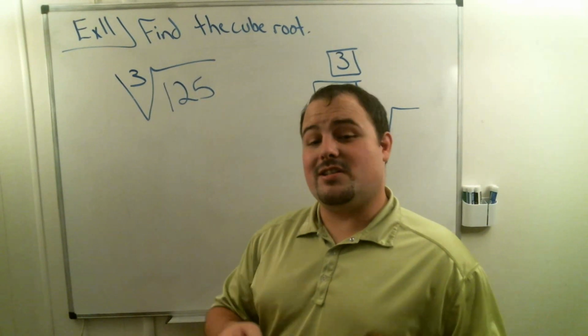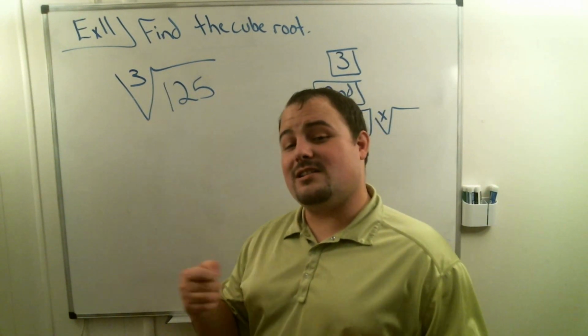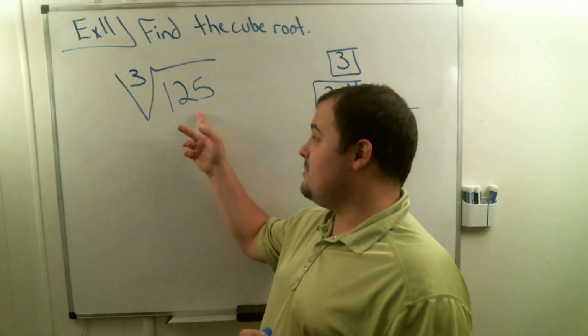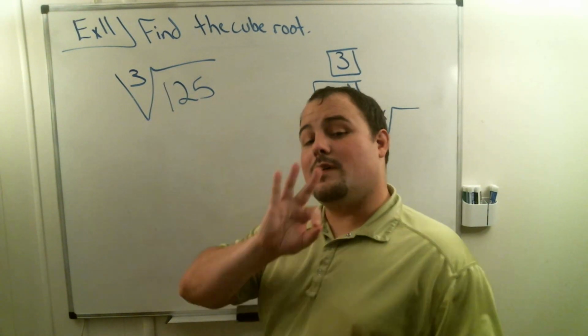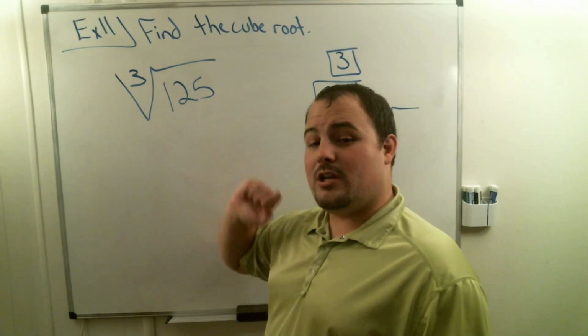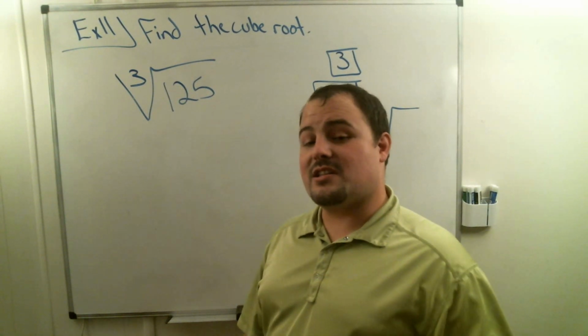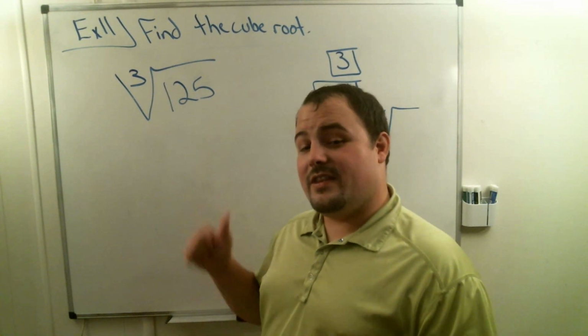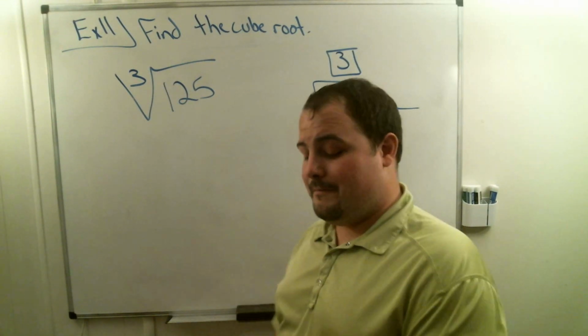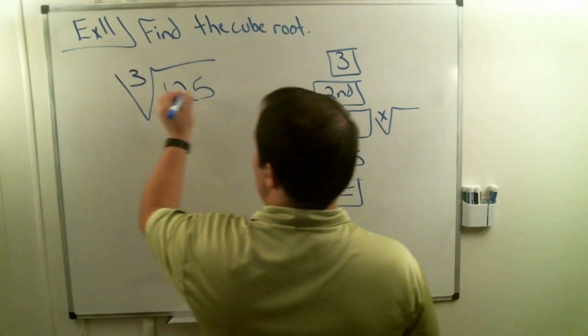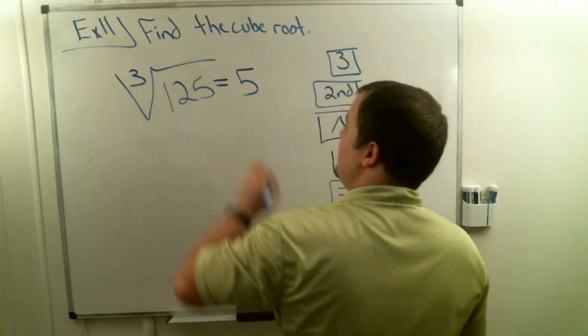What that root tells us is how many of the exact same numbers we want to multiply together to make the number that's in here. So we want 3 of the exact same numbers that multiply together to make 125. If you remember the list that we just copied down on perfect cubes, this answer would be 5. So the cube root of 125 is 5.